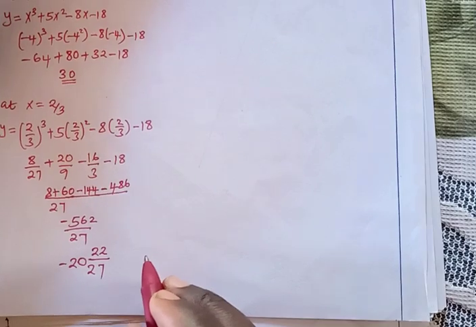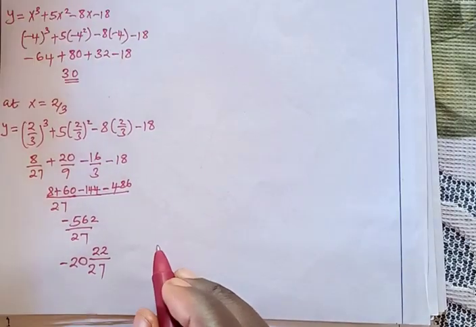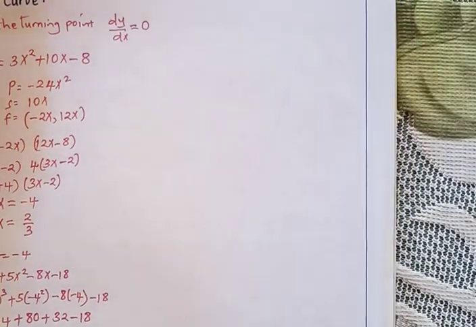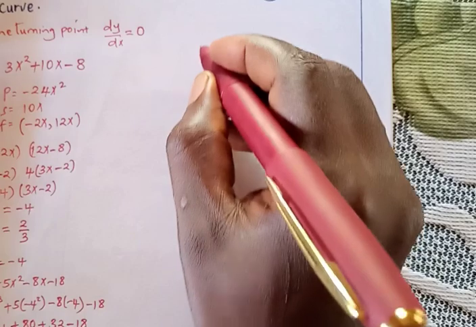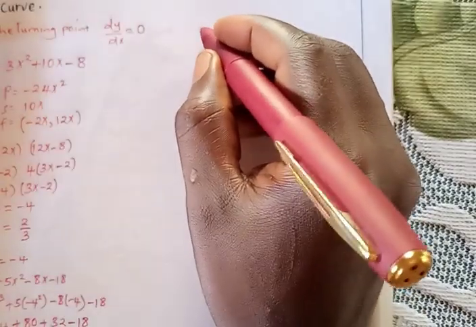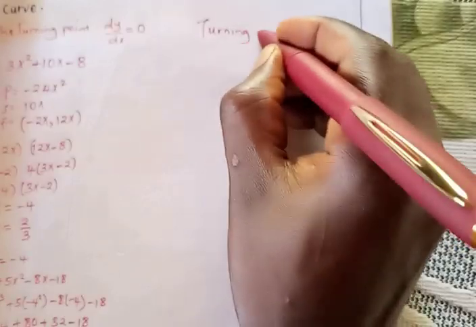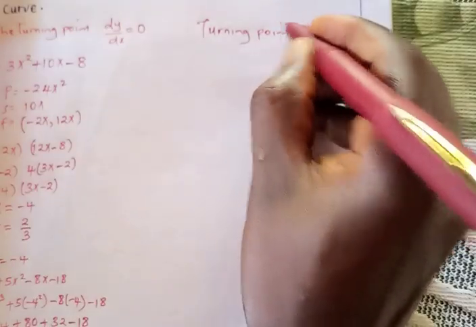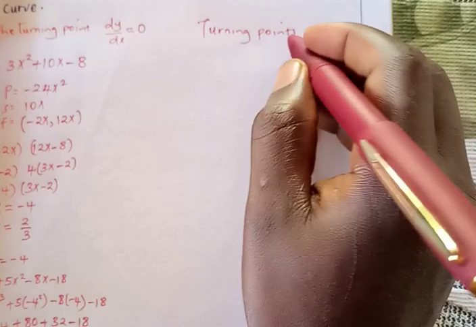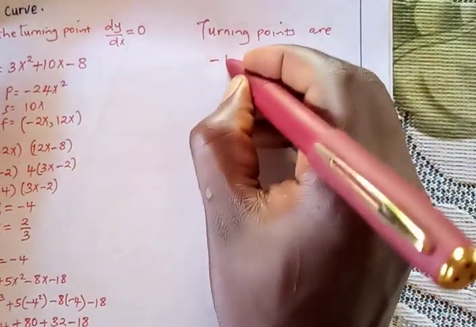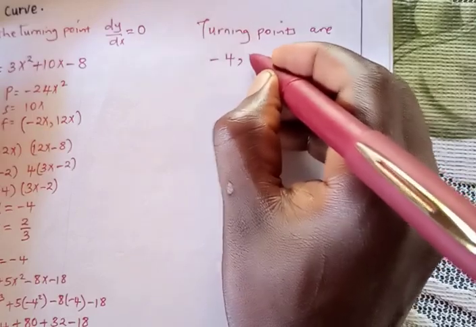Now, the coordinates for the turning points, there are 2 and they must be 2. We are going to say that the turning points are: the first one is in fact (-4, 30).